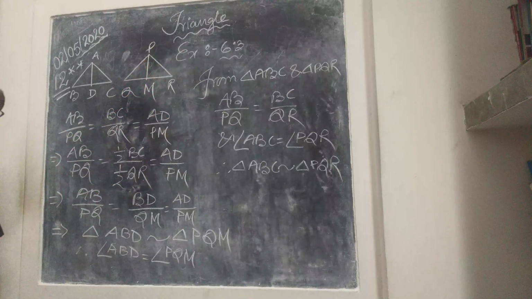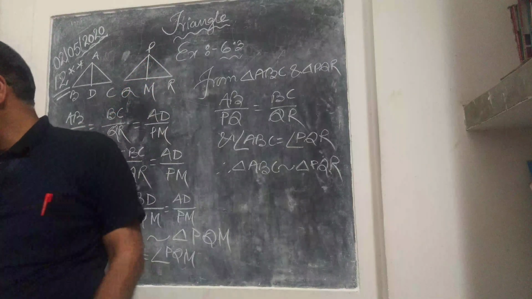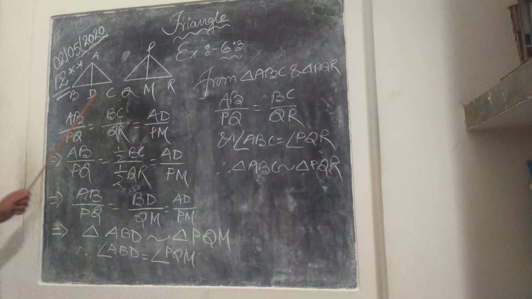Then you have to prove that triangle ABC is similar to triangle PQR.